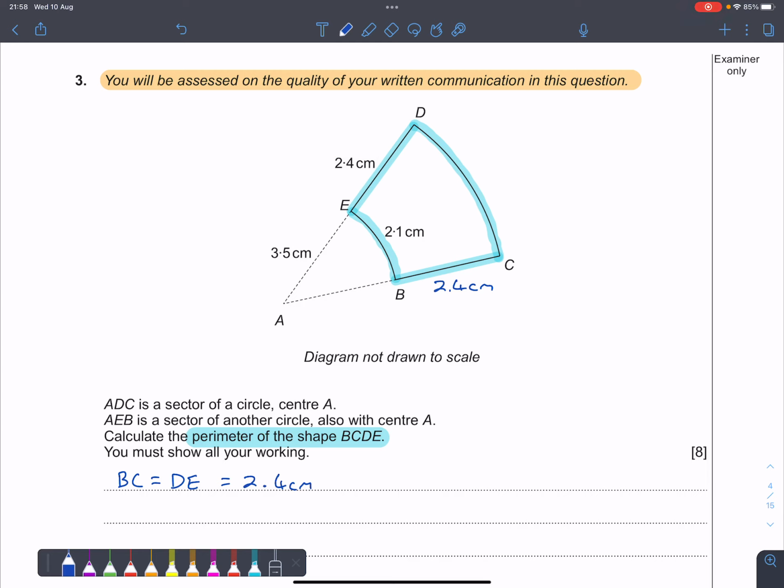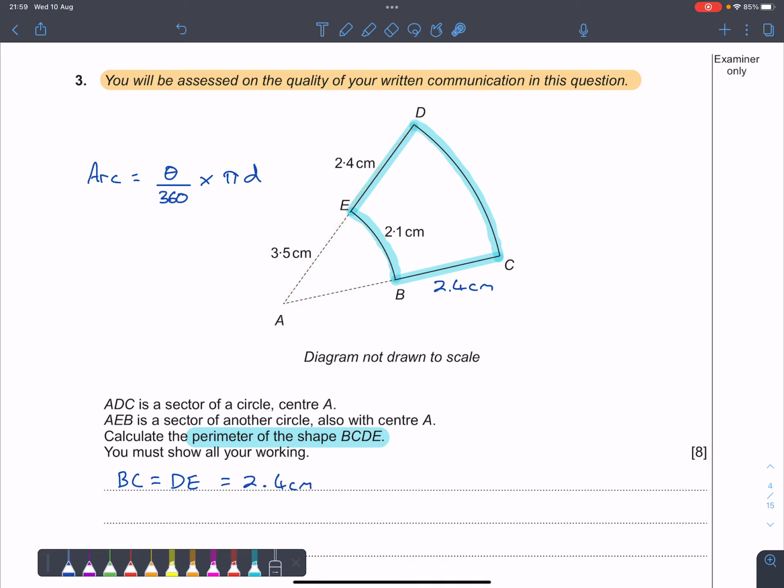So let's remember how we work out an arc length. The formula is theta over 360 multiplied by pi times diameter. Okay, so let's work out a few different things. First things first, if I'm looking at this full circle, the radius of that circle, AD, is going to be these two added together.